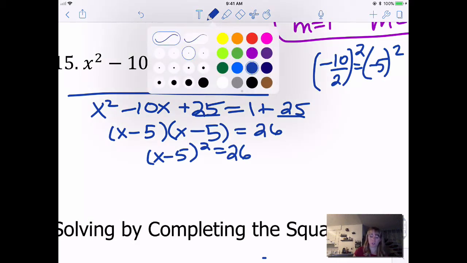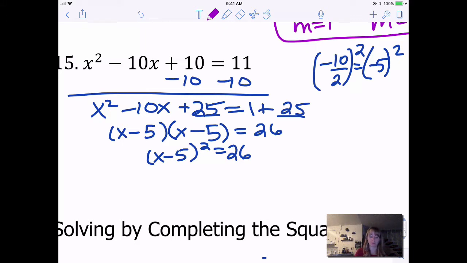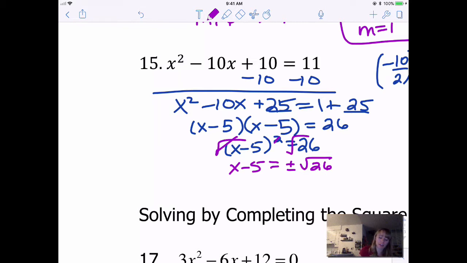And now I can just go to town with my square root. Take a square root on both sides. x minus 5 is equal to plus or minus square root of 26. I should always double check to make sure I can't break down my 26, but 13 and 2, I'm not going to have any pairs, so that's okay. Add 5 to both sides.